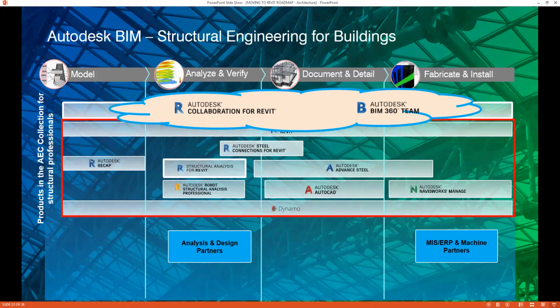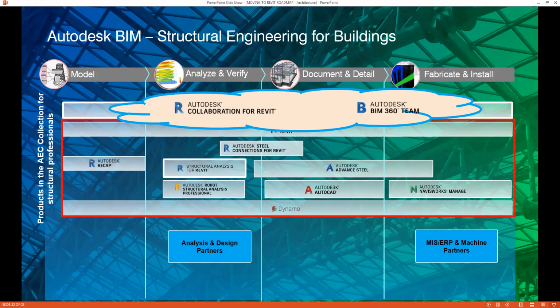And as we know, AEC is AEC. So it means that, for instance, the architect that buys AEC is going to find out that he has Autodesk Robot Structural Analysis Professional in the tools that he has access to. He's going to find out that he has access to Advanced Steel, but they might not need it.